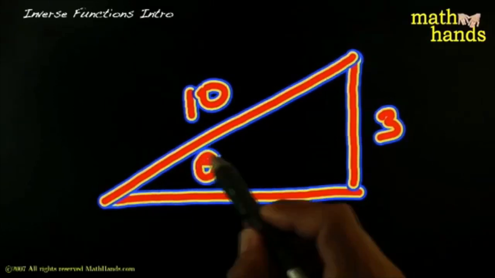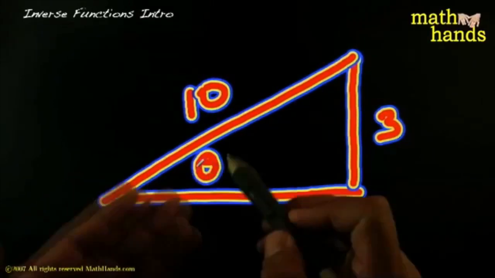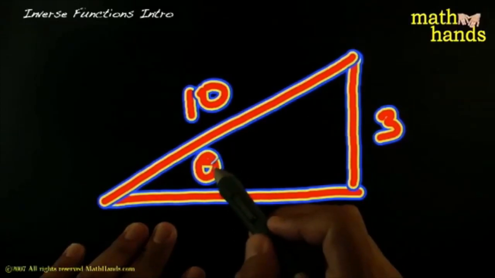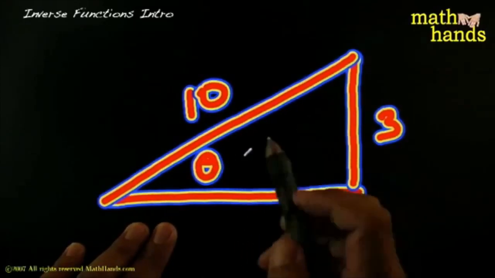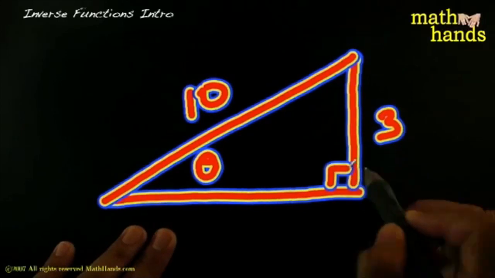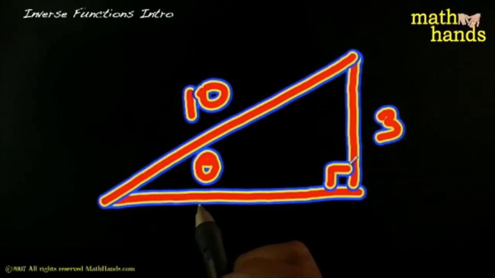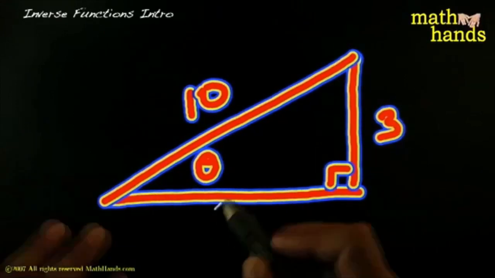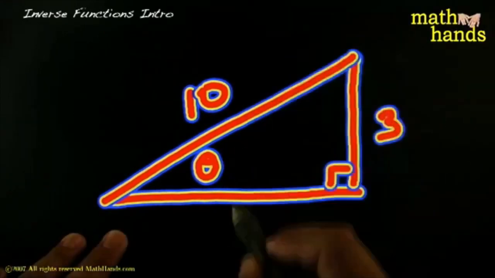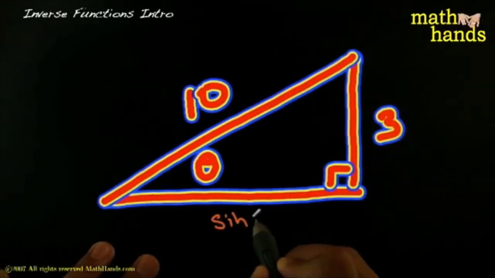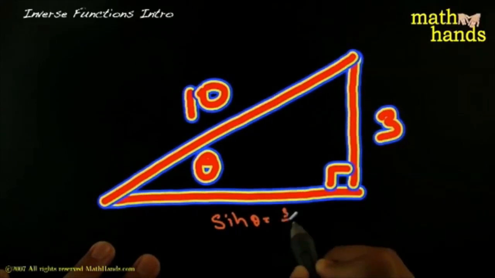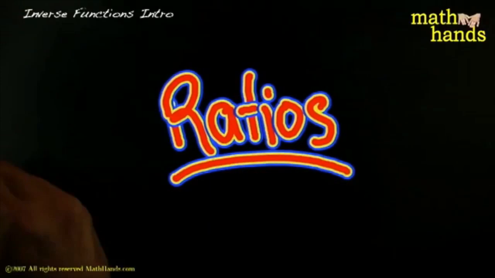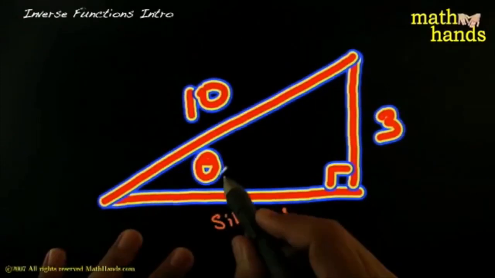By the way, sometimes angles or variables are called theta, or sometimes they're called x. Either one is just a variable. Theta. All right, we'll make sure it's a right triangle, and in this case, sine of theta is equal to 3/10. The ratios are known. That should be enough for you to find the angle.